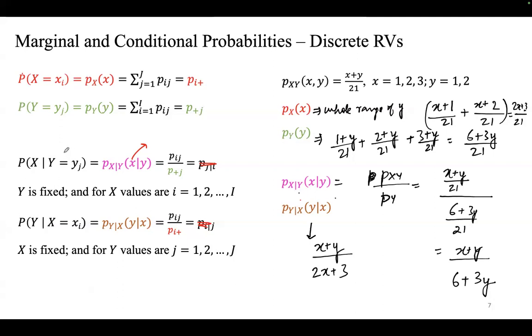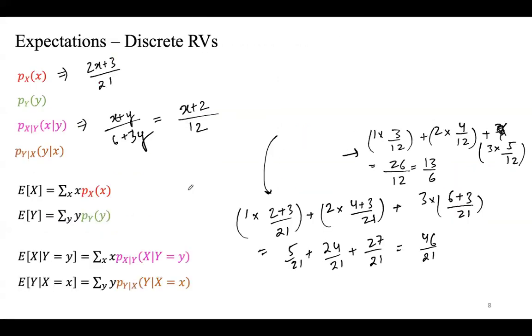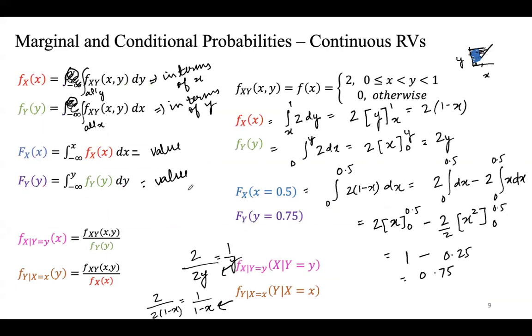So when you're saying Y is a certain value, you're not talking about any value of X. So you summed it up over the whole range of X, which is what gave you this green thing here. So for the pink expression, the denominator is green and the numerator is your original expression. This is what we did here as well. For the pink expression, the denominator here is the one in green. So 6 plus 3y by 22. And the numerator here is your original expression. So that's exactly what we're doing here as well.